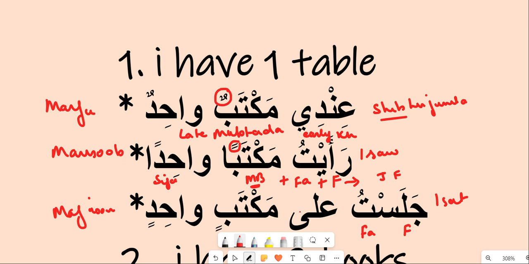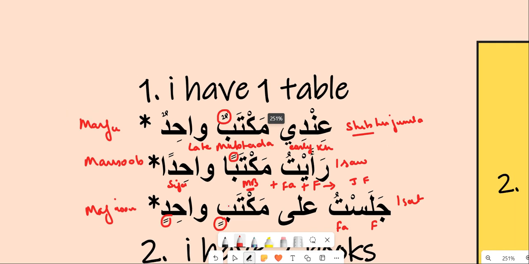I sat on a one table. So maktabin, due to this harf jar, you can see it has a kasratain, wahidin, but these two are coming as mawsuf sifa. So jalastu ala maktabin wahidin. So all these numbers can have different harakas in different positions in the sentence.